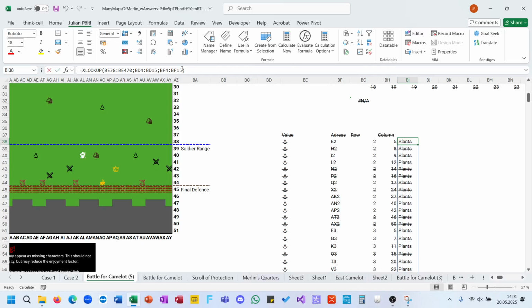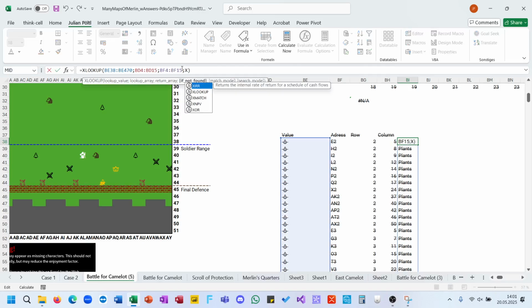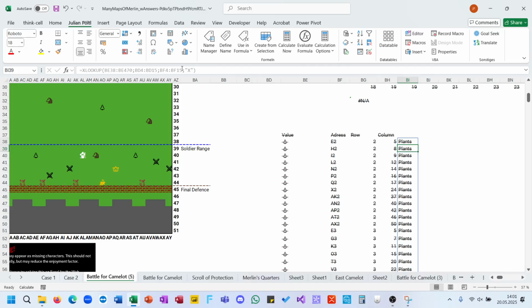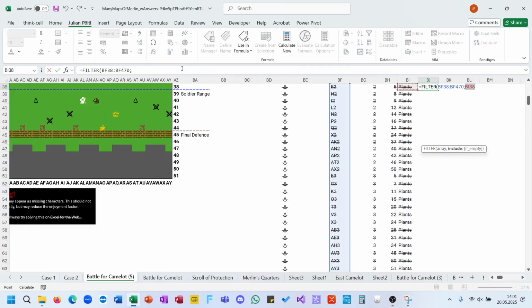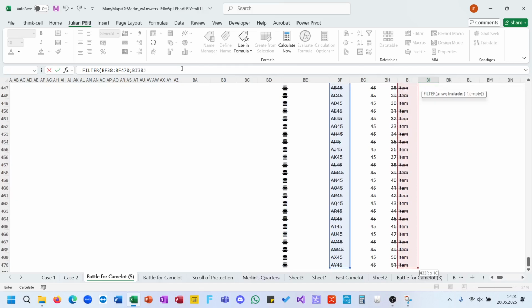If there's nothing, then X. Filter, starting address equals enemy.